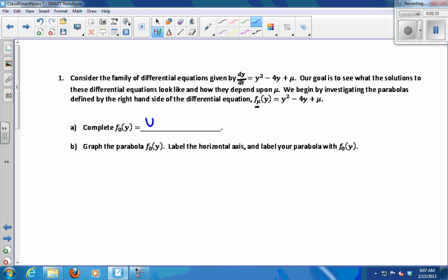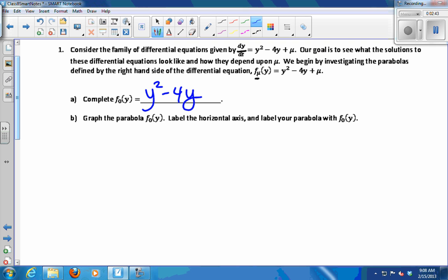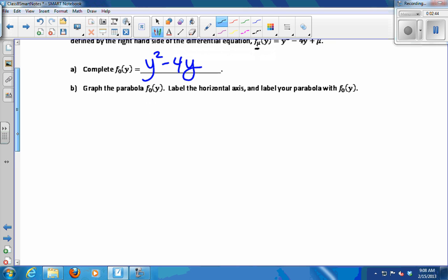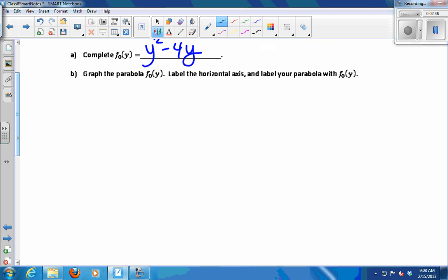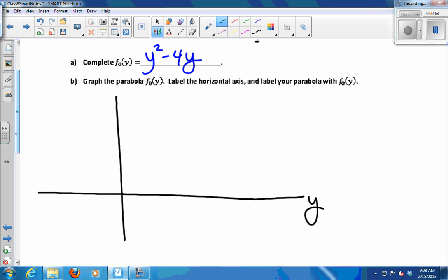So this is going to be y squared minus 4y. I want to graph this parabola. On my axes, I'm going to have y as my independent variable, and f of y is my output.